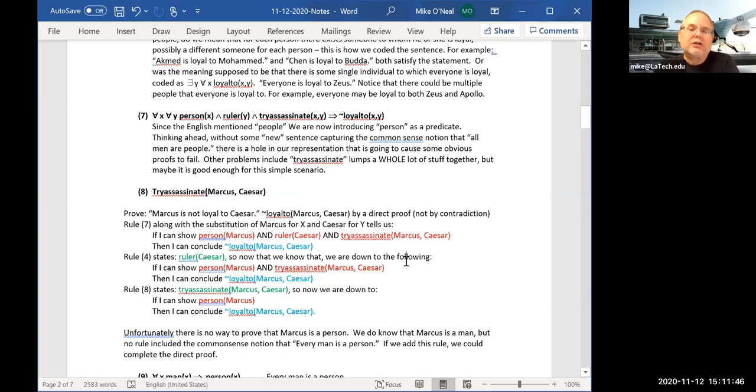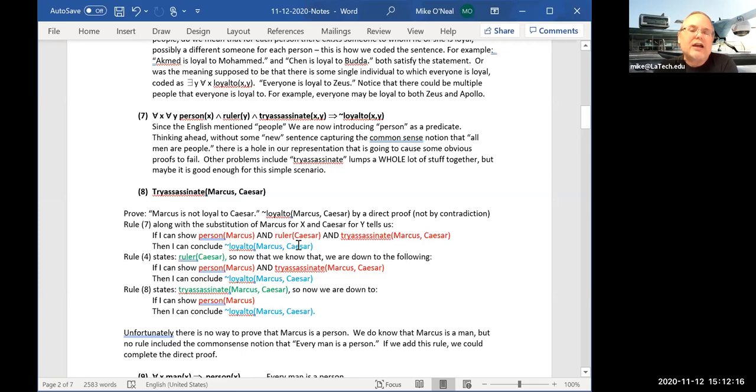All I'm doing here is trying to use modus ponens. I have an if statement that's given as true. If I can show that its premise is true, then by modus ponens, the conclusion must be true. The conclusion is, of course, this negated thing, not loyal to. So if I can show that Marcus is a person and Caesar is a ruler and Marcus tried to assassinate Caesar, then I can conclude that Marcus is not loyal to Caesar.